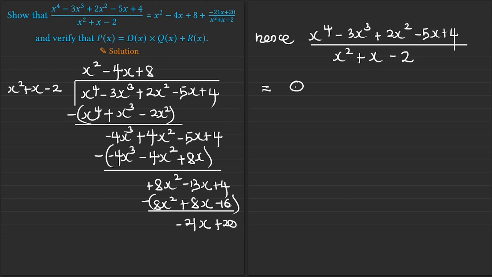So we are using the quotient, then plus the remainder over the divisor.